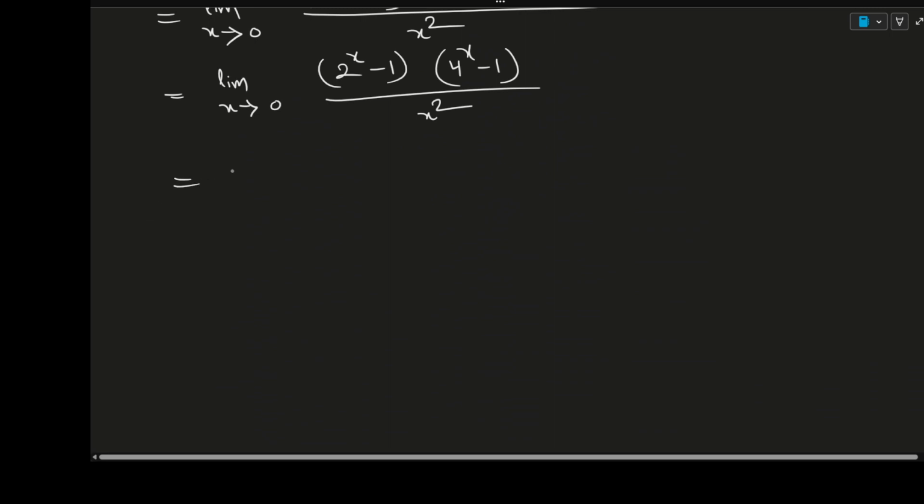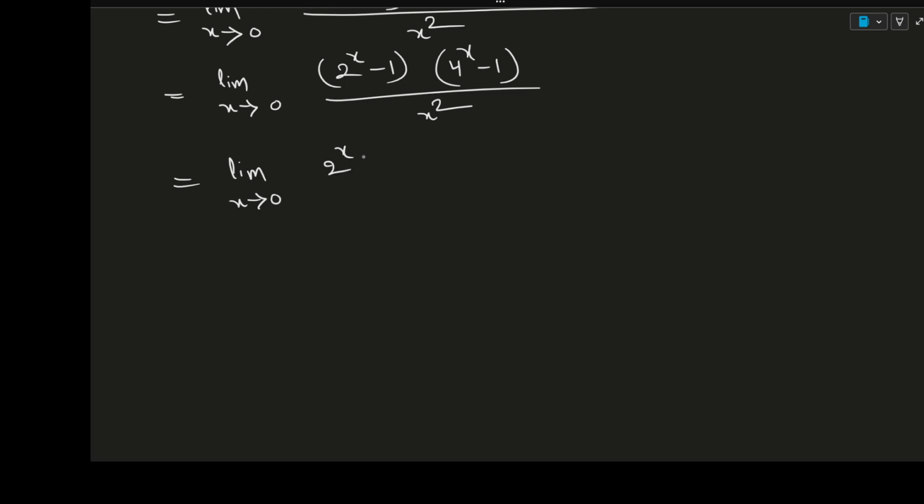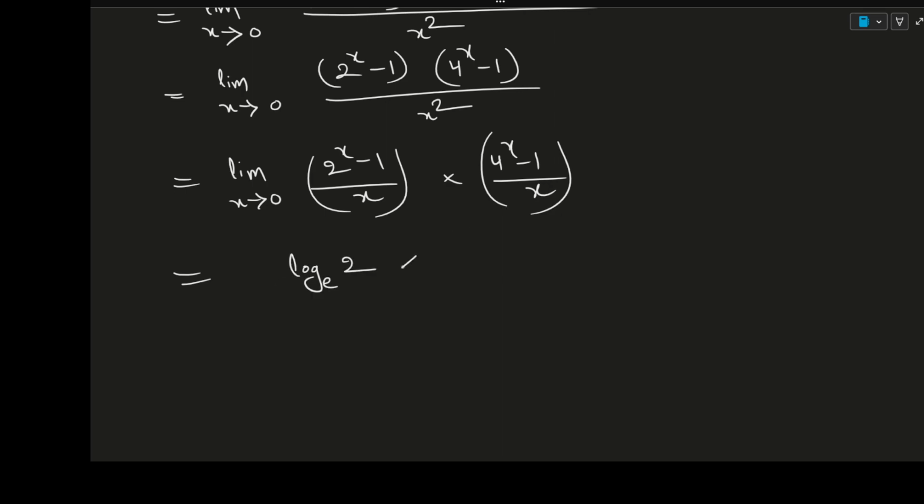Further I will write the above as (2 to the power x minus 1) by x into (4 to the power x minus 1) by x. So the limit of this one will be log e to the base 2, and the limit of this one will be log e to the base 4. That's all, this is the final result.